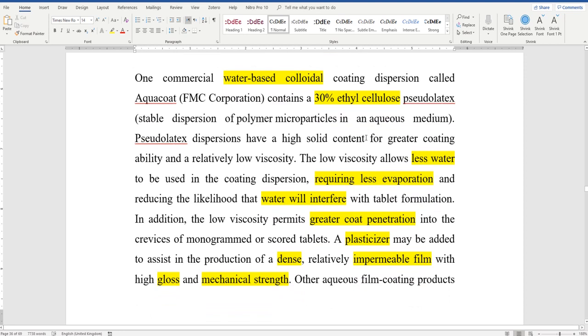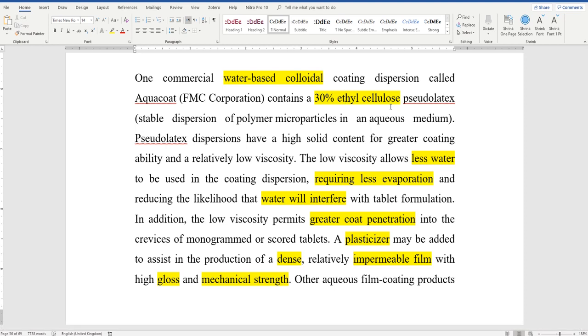But there are some other also polymers that we can use that are soluble, such as methyl cellulose, hydroxypropyl methyl cellulose, and others as well. But what is good about this preparation is that it contains 30% of the polymer. The polymer will be responsible for the coating, the main coating material of the film.